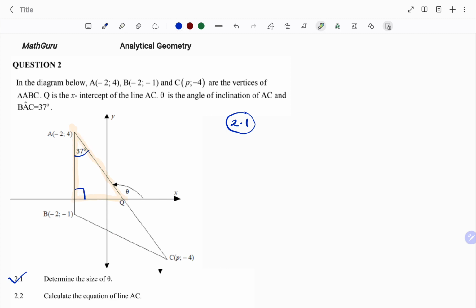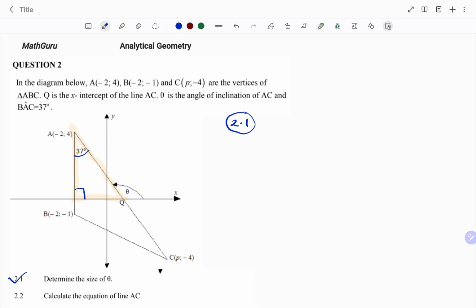And note that if you look at the coordinates of A and B, they both have the same x value, which is -2. So what that implies is that the line AB is parallel to the y-axis, such that the angle formed will be 90 degrees.